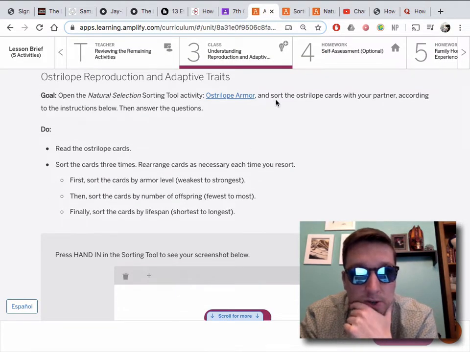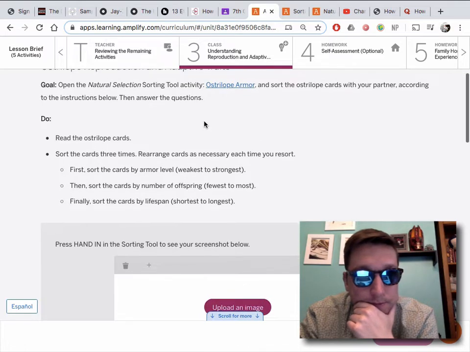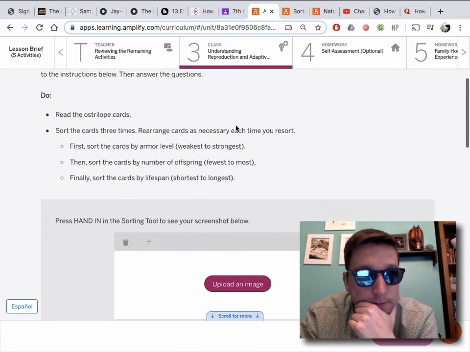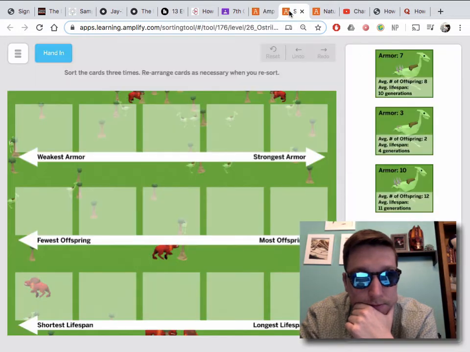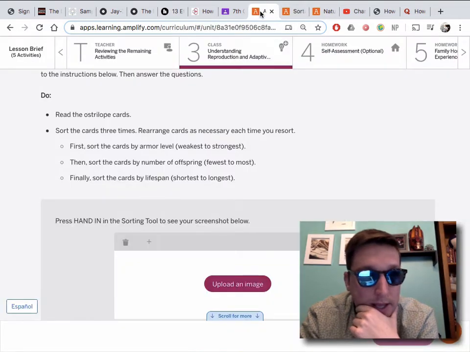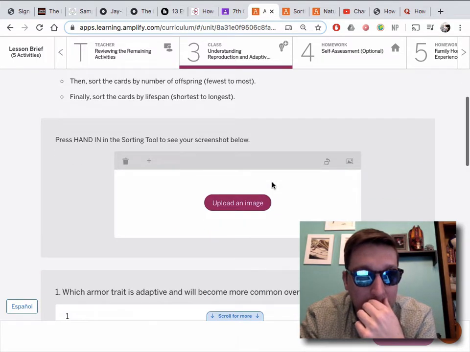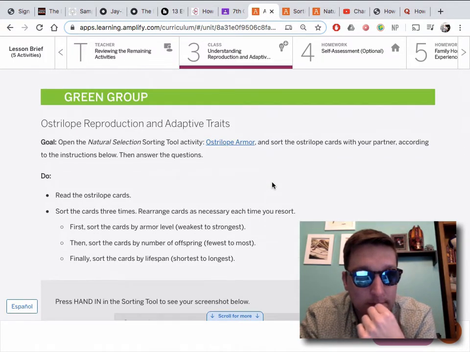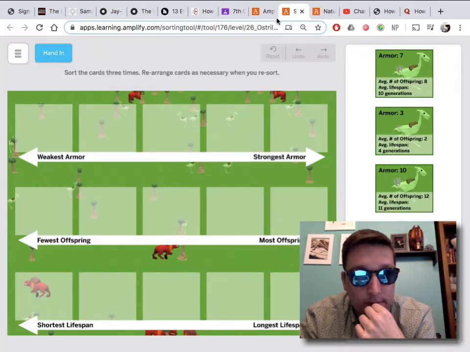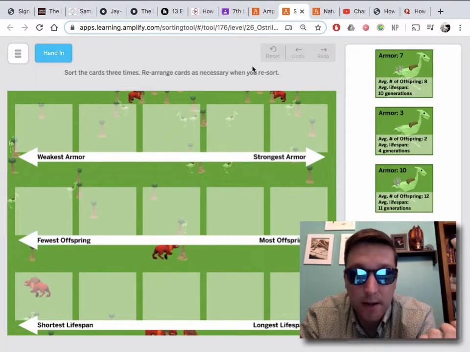And what you're going to do is read the Australope cards, sort the cards. First, sort them by armor level. Then sort them by number of offspring. Then sort them by lifespan. Actually, it sets that up for you.